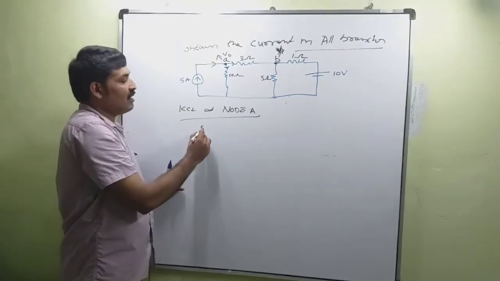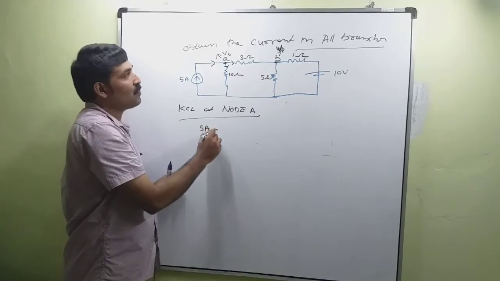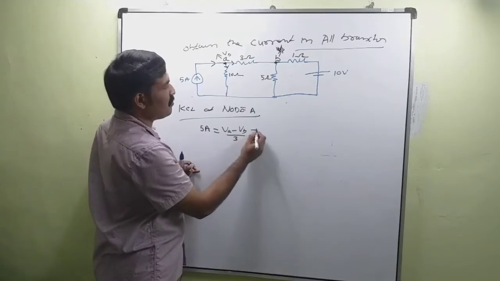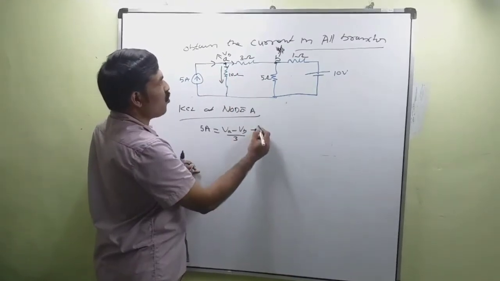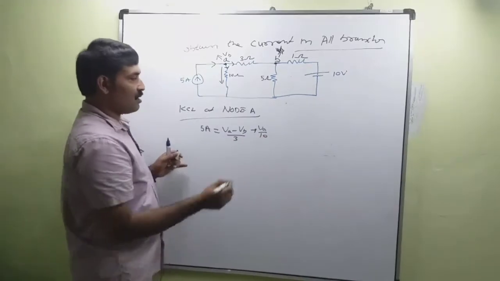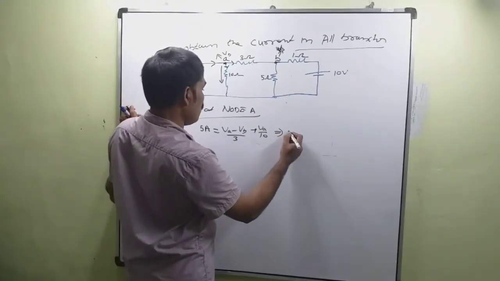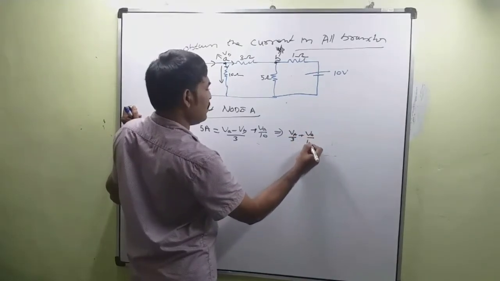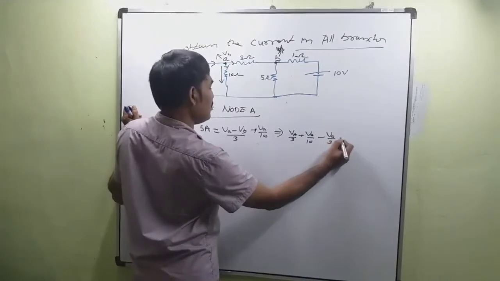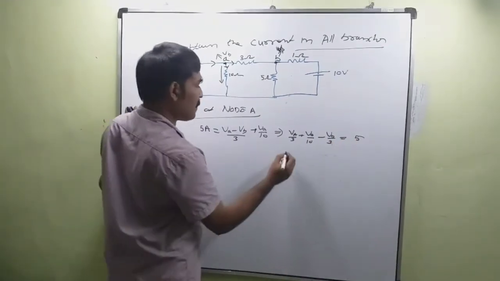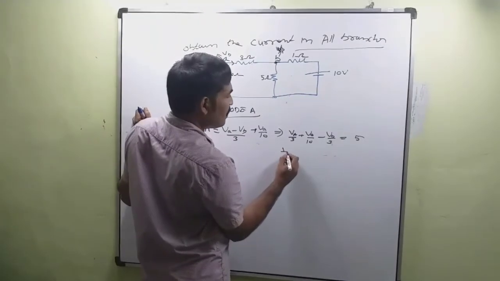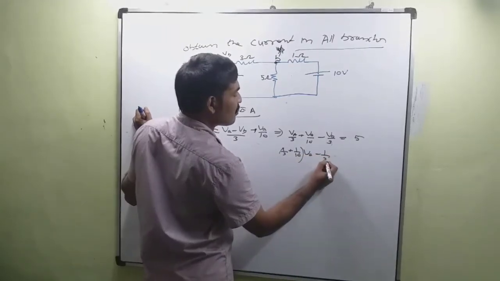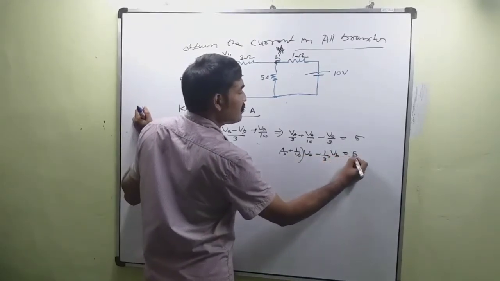So we can write 5 A is equal to the outgoing current, that is (VA minus VB) by 3 plus the current through this branch, that is VA by 10. This implies VA by 3 plus VA by 10 minus VB by 3 is equal to 5, or (1/3 plus 1/10) VA minus 1/3 VB is equal to 5.